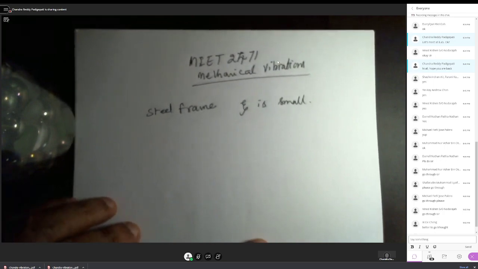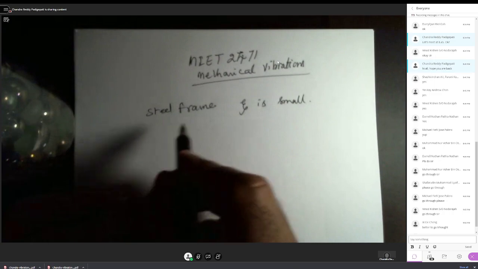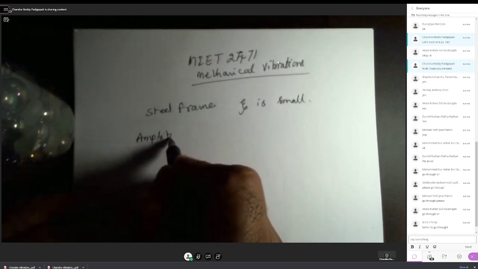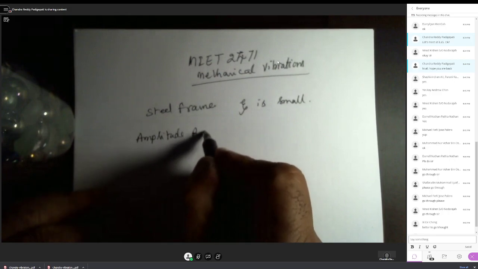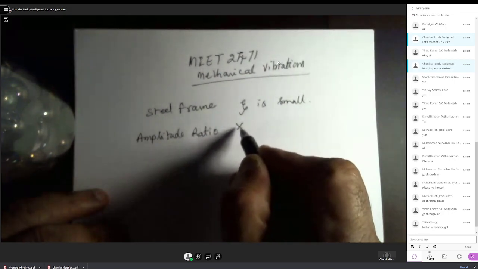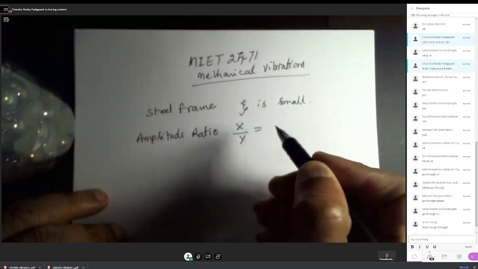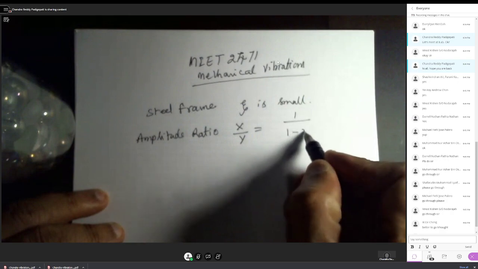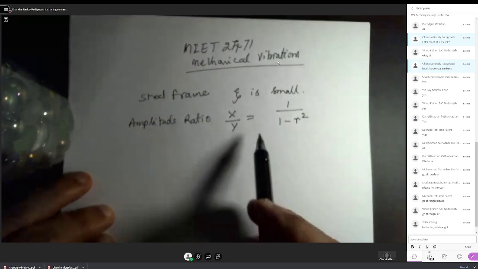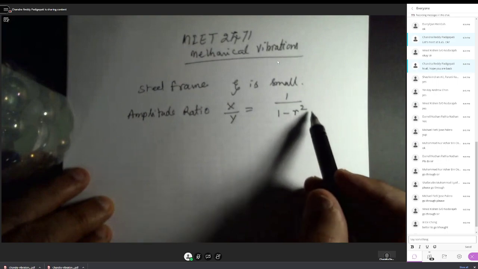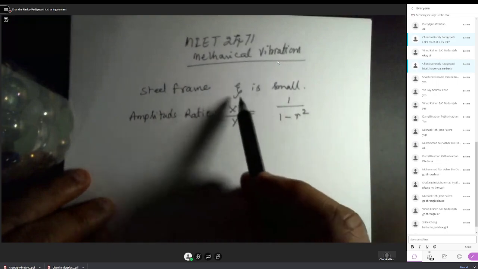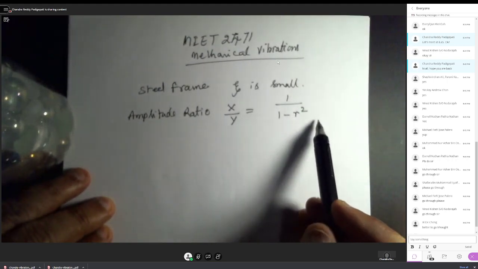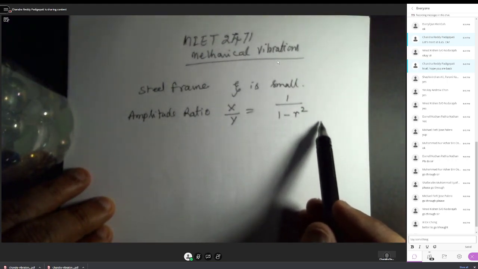So normally when the damping ratio is small, the amplitude ratio x by y can be given as 1 over 1 minus r square. So the amplitude ratio expression can be simplified for small damping ratios. So you can write it as 1 over 1 minus r square.